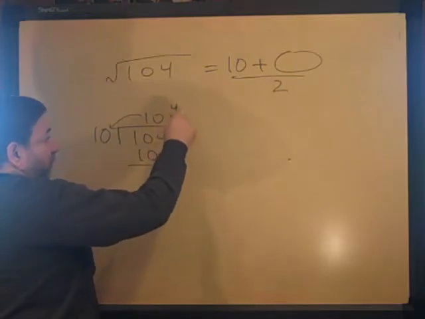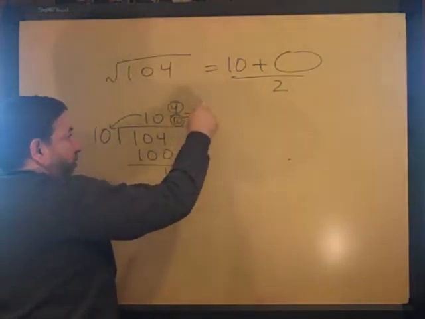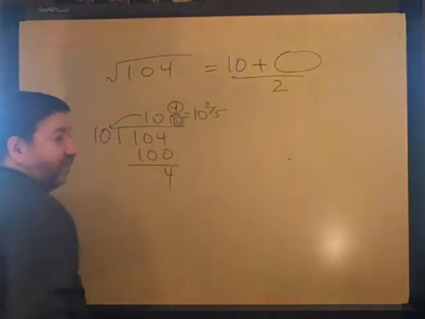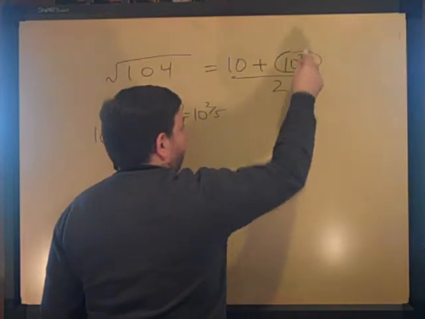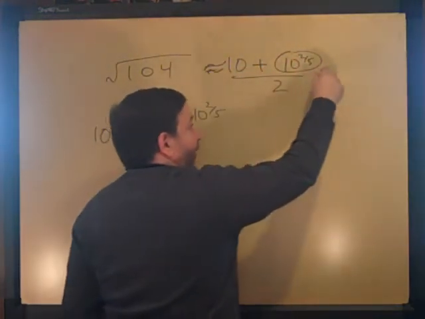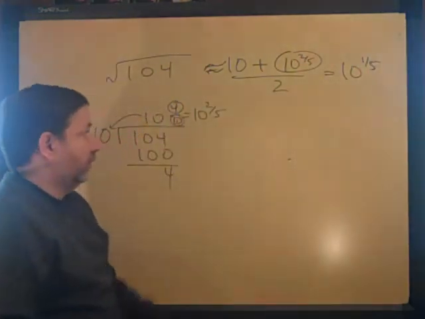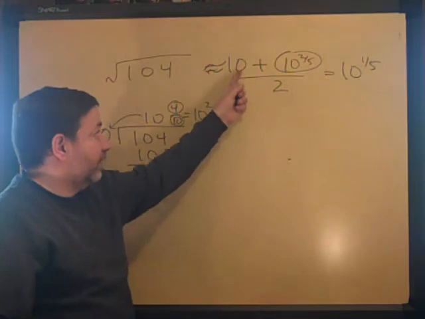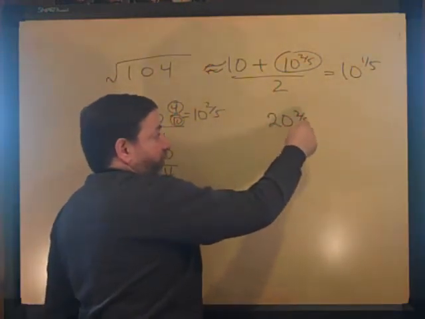4 over 10. Divide each of these by 2. It's 10 and 2/5. Now possibly, this should be approximately. Possibly you already see this arithmetic. But if you add these two numbers on top, you get 20 and 2/5.